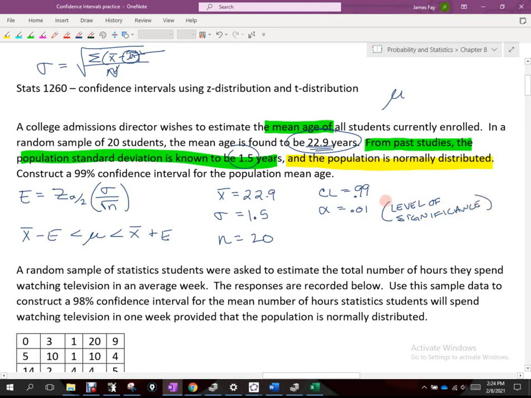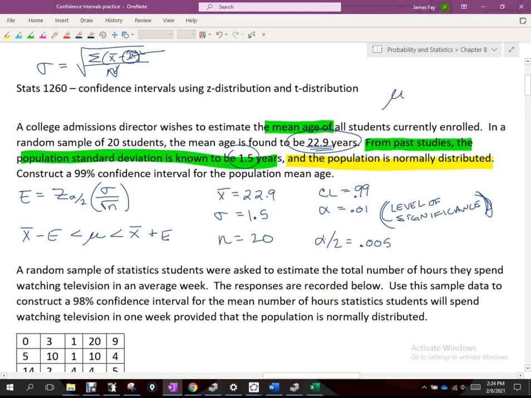I haven't said this, but sometimes they will refer to alpha as what we call the level of significance. It's just the complement of your confidence level. But alpha over 2 then, because a normally distributed variable is symmetric, is going to be 0.005, right?